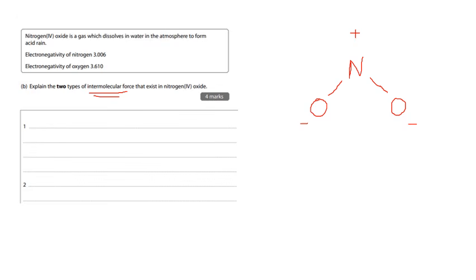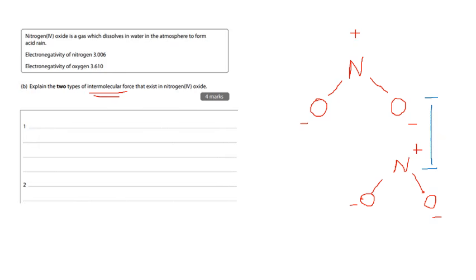So if you've got one NO2 molecule there, and let's say you've got another NO2 molecule there, now it's the bonds between the molecules, and the most important one will be this one here. It's a little bit like, do you remember hydrogen bonds? And it's this dipole-dipole bond.